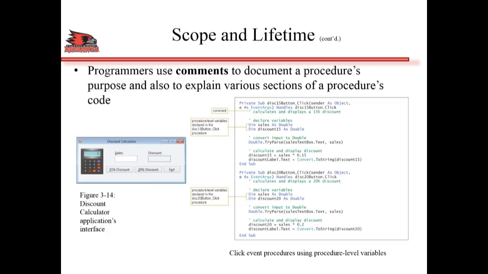You will see there are a few lines which are green, and these are what we call comments. So if you put at the beginning of any line of code a tick or a single quote, that line becomes a comment.